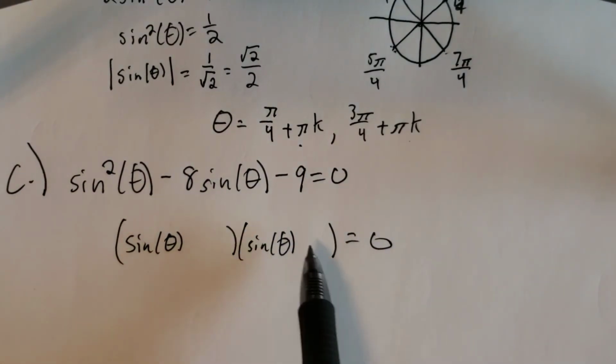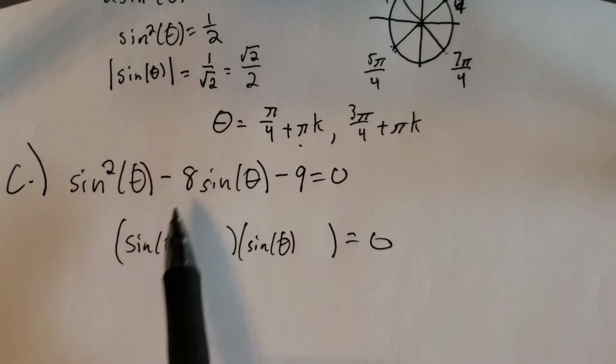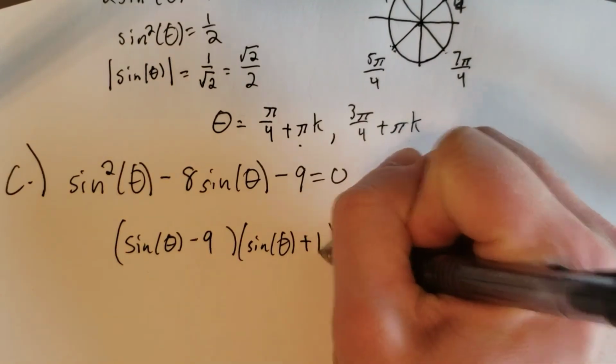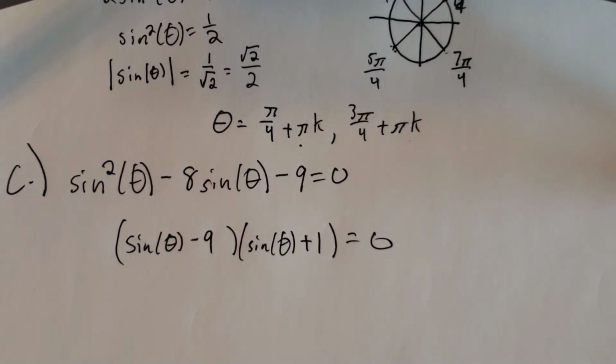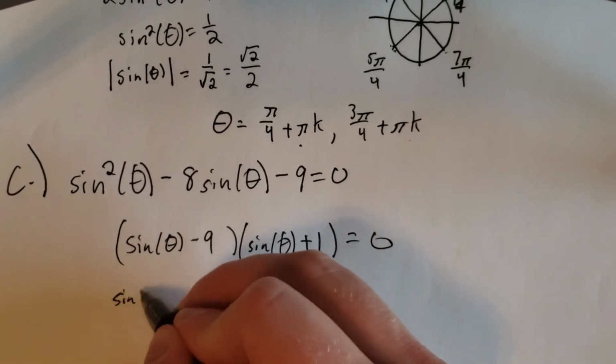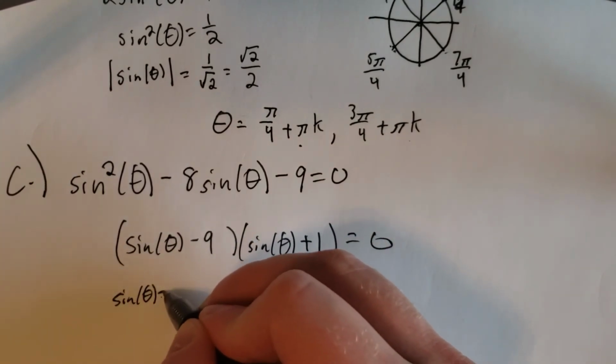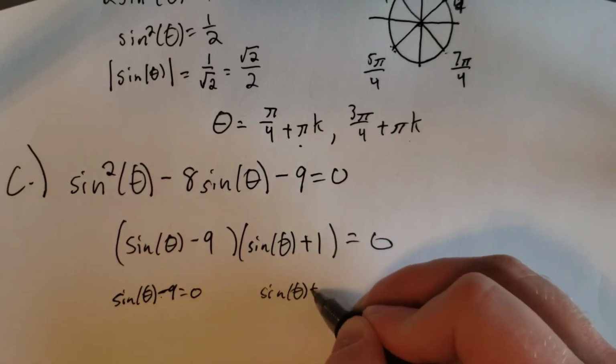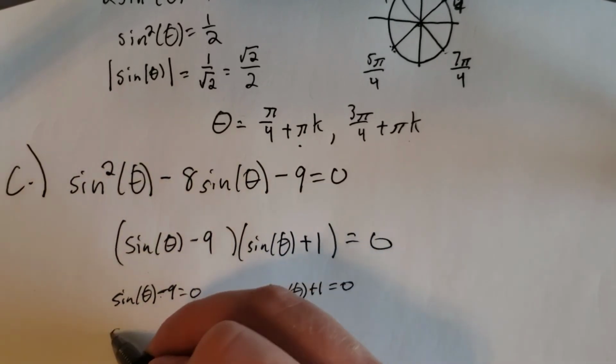Well, we need this something to multiply to be negative 9 and add to be negative 8. So negative 9 and positive 1 satisfy that. So we get sine of theta minus 9 is equal to 0, and sine of theta plus 1 is equal to 0.